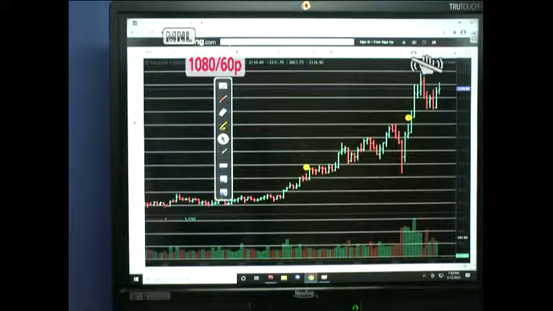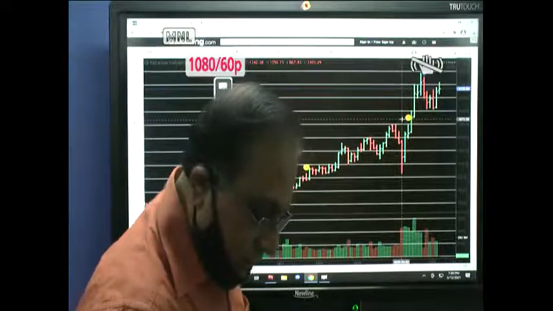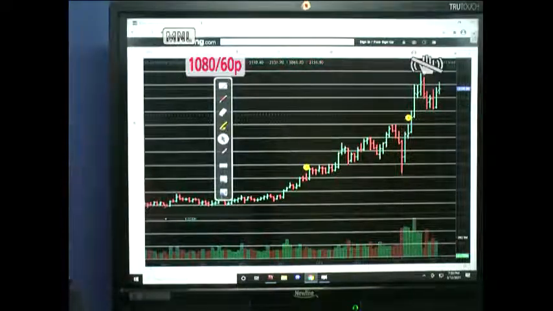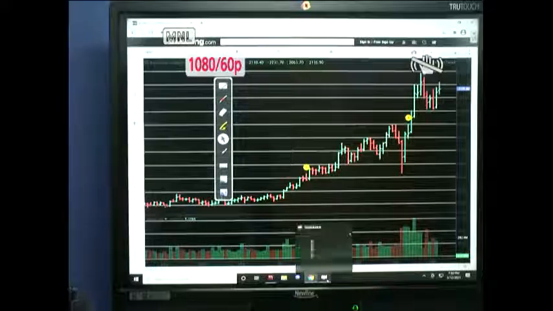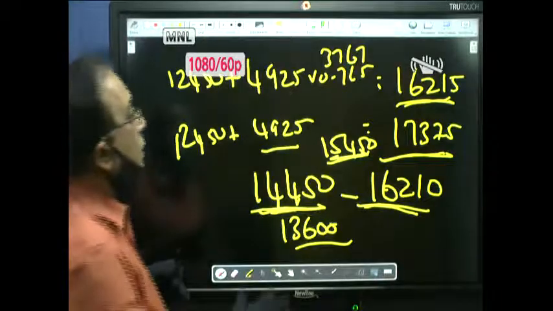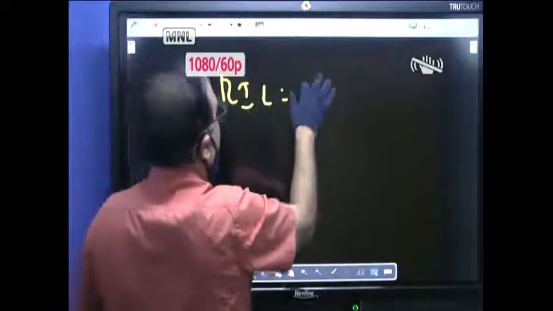See, Reliance, the same thing like Nifty. Reliance had a fall from 1600 to 867. So that difference, 1600 minus 867, is 733 rupees. So Reliance's fall was 733 rupees last year.